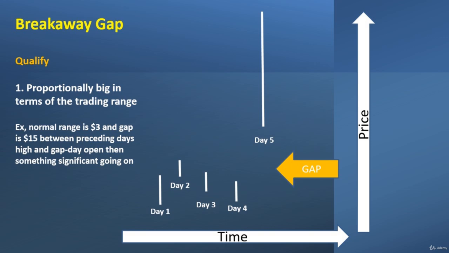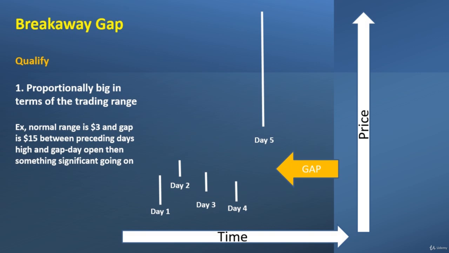So for example, if the normal range is, let's say, $3, or whatever your currency is, and the gap is $15 between the preceding day's high and low, and the gap day then opens up higher than that, that might show you that something significant is going on. There's a big gap between the prices, and the more significant the gap, the more impactful that is, and the more likely you might have a true breakaway gap.